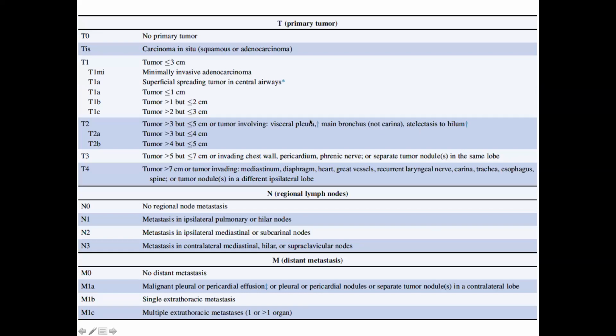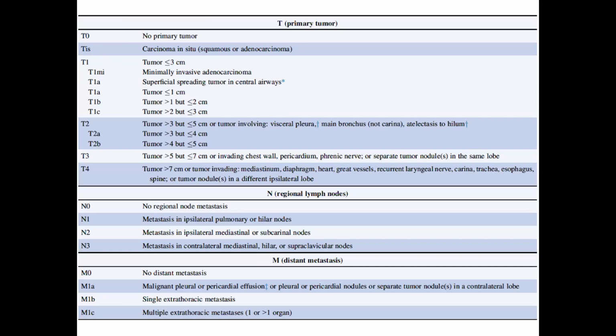So even if the tumor was smaller but was causing one of these problems, we go for the highest grade of the staging system that is applicable. So to be clear, a 1 centimeter tumor that was involving the visceral pleura would actually be staged as a T2. So in terms of size, however, again, between 3 and 4 centimeters for T2A and between 4 and 5 centimeters for T2B.